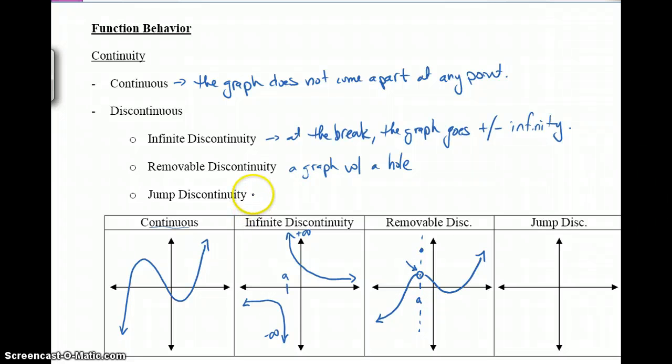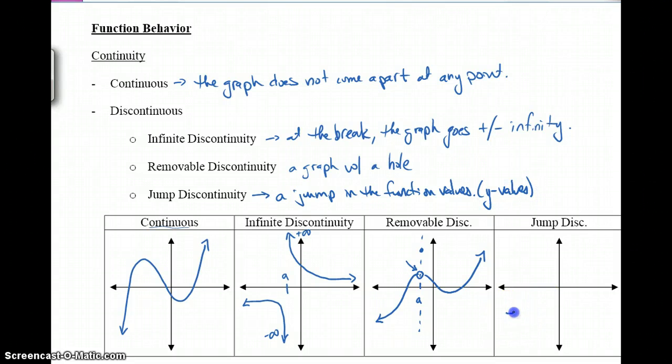Lastly, something called a jump discontinuity. It looks like two graphs, and as we're going along in our graph, there is a jump in the function values. Now when I say function values, I'm really talking about the y values.